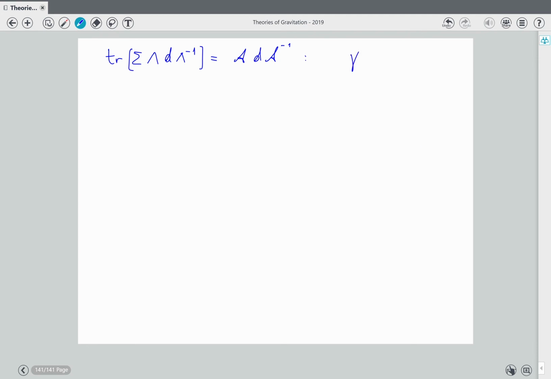Again, let's remember that gamma A lambda AB is equal to curly A gamma B curly A to the minus 1. And what we have to do is to first use the usual partial integration to move the derivative on lambda instead of lambda minus 1.